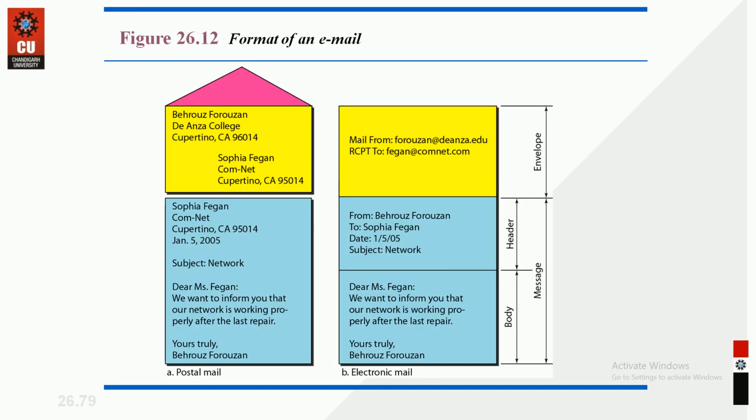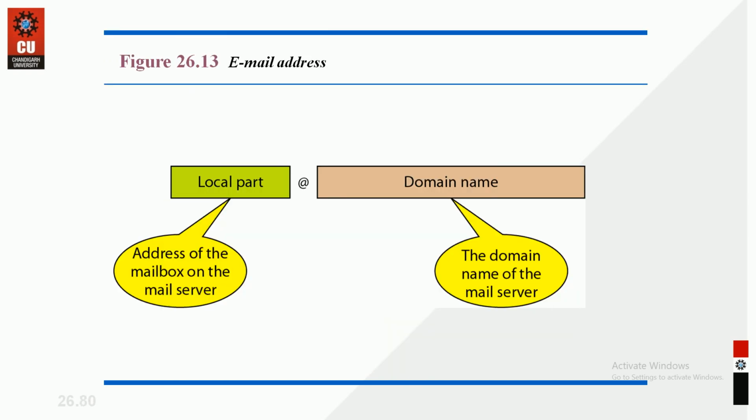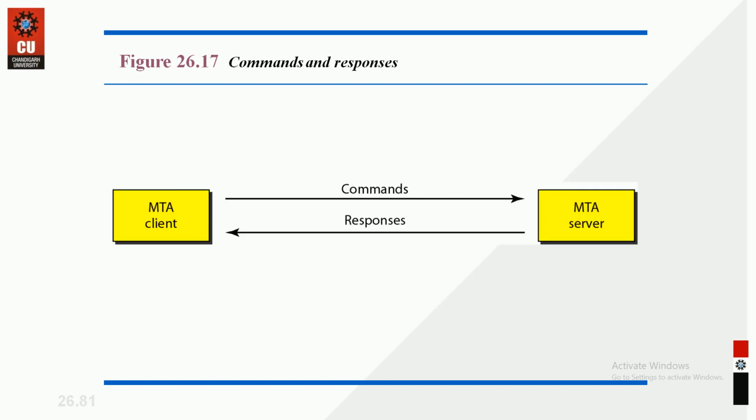Format, I think this is already clear, that we have one header and the other part. Now how can we define the email address? The first part is the local part and the second is the domain. Let's say I'm using rajan.csc@cu.in, right? The domain name is cu.in, and the local part is my name, Rajan.